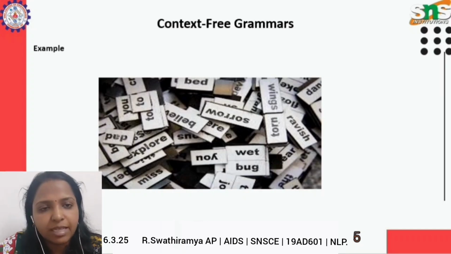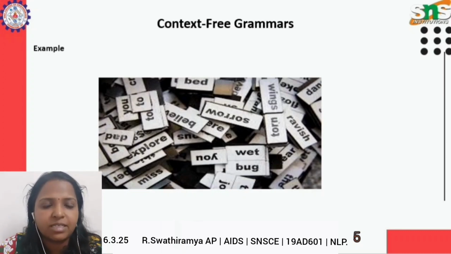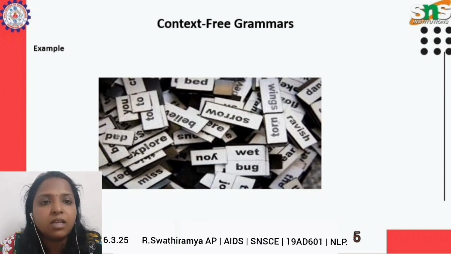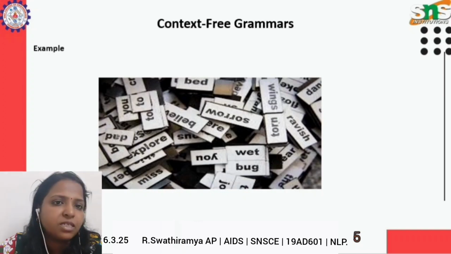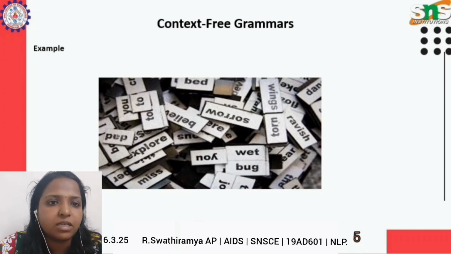What is the purpose of these rules? These rules can say the sentence can start with a noun. For example, the rules can say that if it is a noun, it should have a determiner, and the string should start with a noun and continue with a verb, or else be followed by some noun.